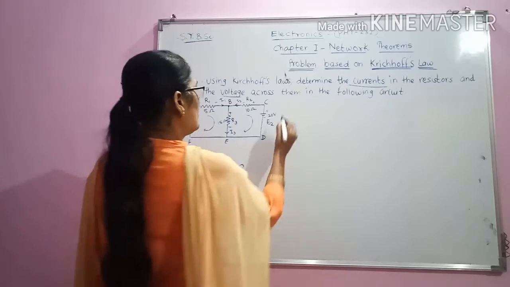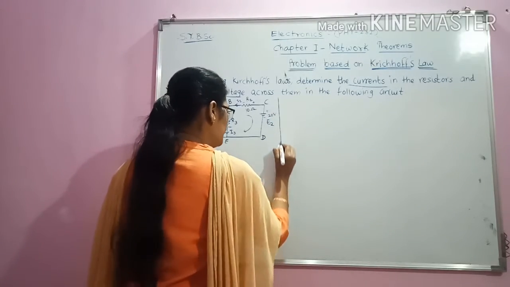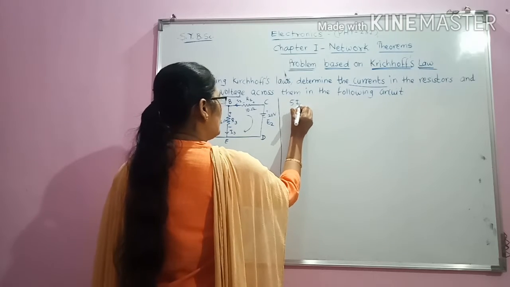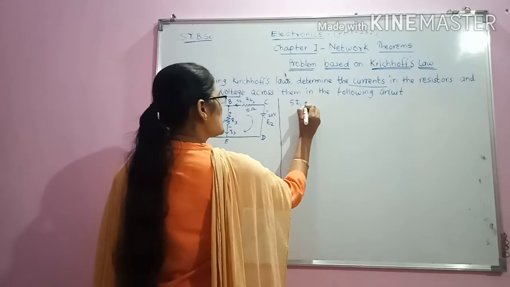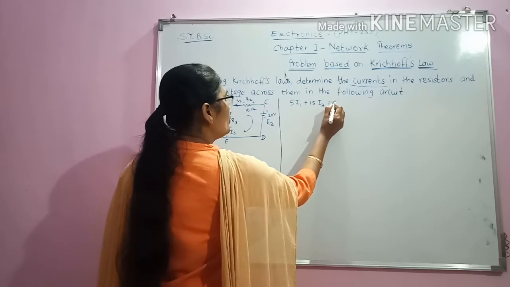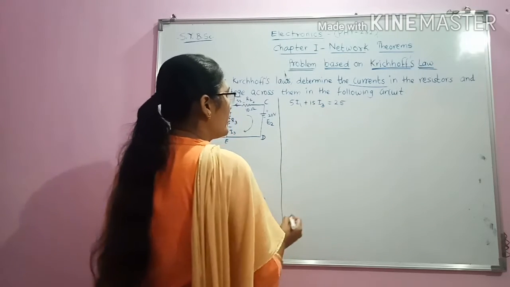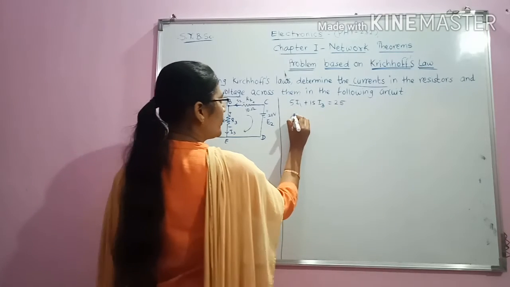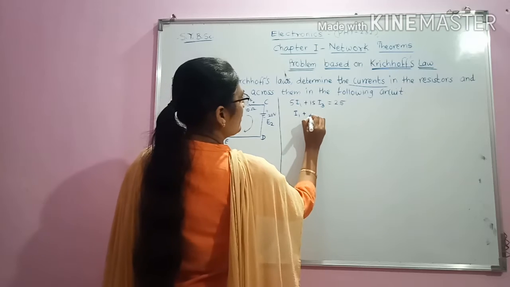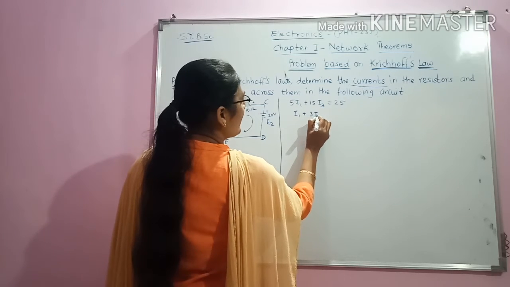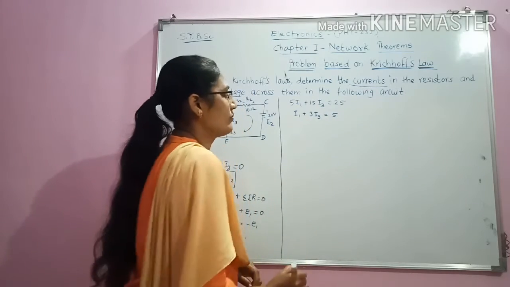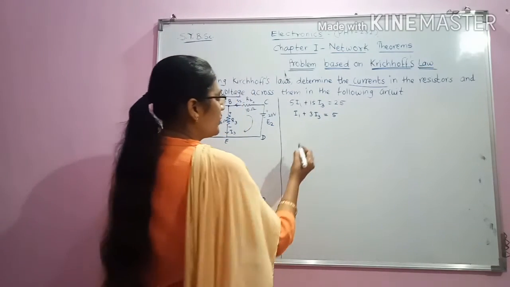So here the equation is 5 of I1 plus 15 of I3 is equal to 25. If divided by 5, we obtain I1 plus 3 of I3 is equal to 5.